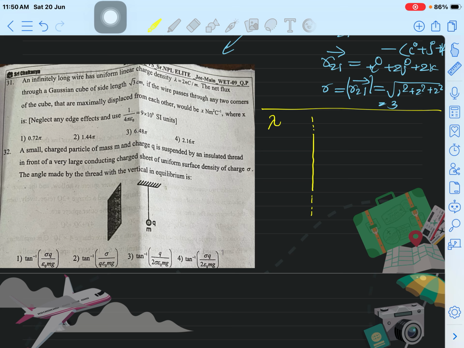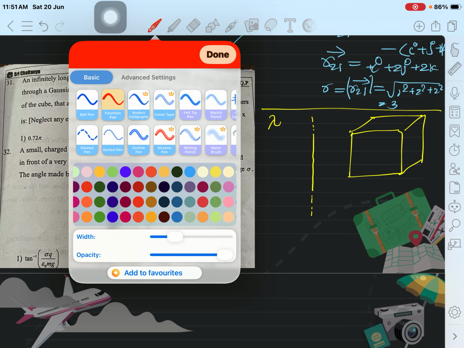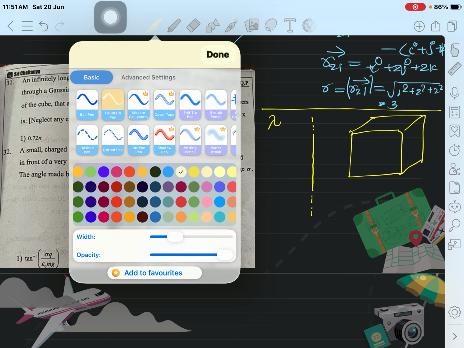If the wire passes through any two corners of the cube, that means if you take a cube, the wire should pass through this one.